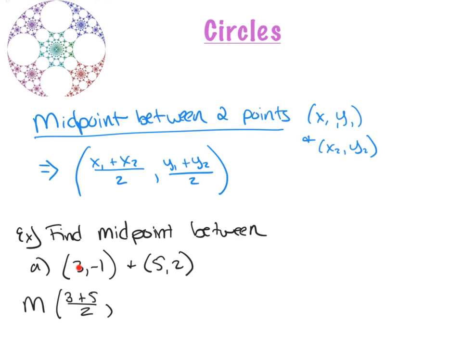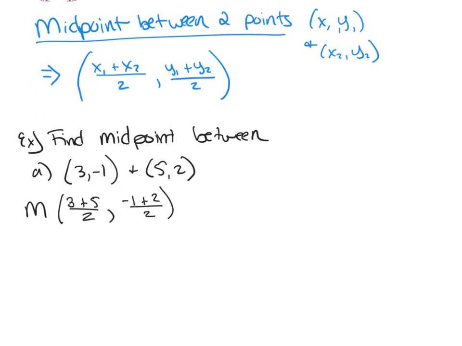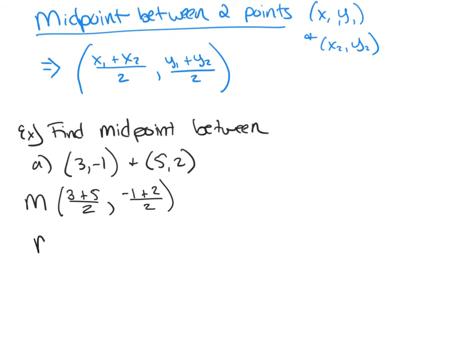I think of it as the average. Add the 2 x values, divide by 2, and same with the y's, negative 1 plus 2 divided by 2. So that midpoint would be given by 8 over 2 and 1 over 2. In other words, (4, 1/2).